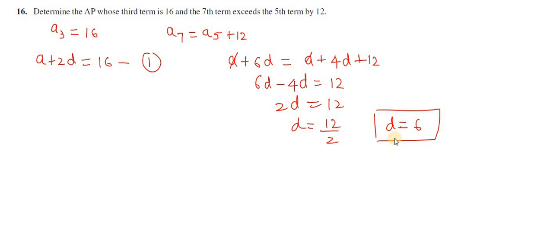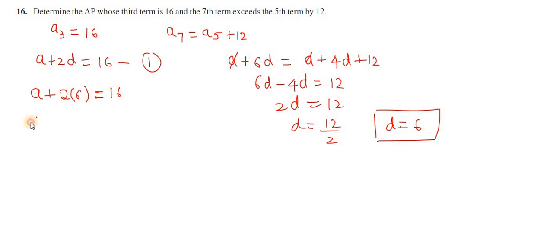Now substitute this D value in either equation and you'll get the A value. I'll go for the first equation only. A plus 2D, 2 into the D value, which is 6, is equal to 16.